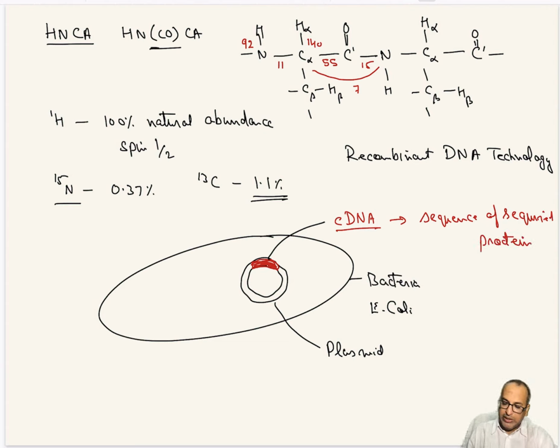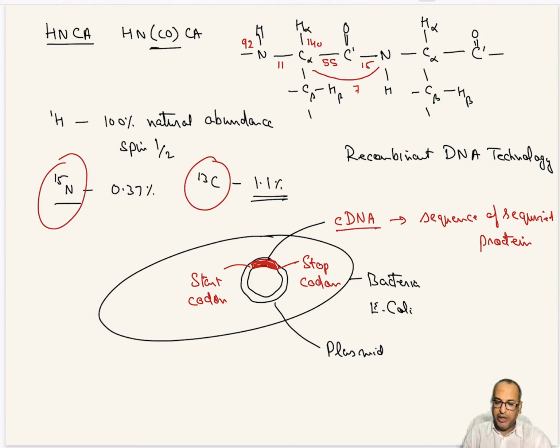Once it is there, you also insert a start codon so that your protein expression starts here, and a stop codon. This has nothing to do with NMR, but I'm just trying to explain how we get 15N and 13C in a protein.